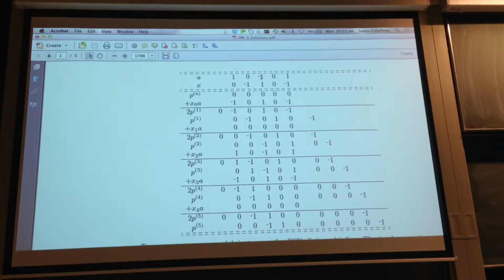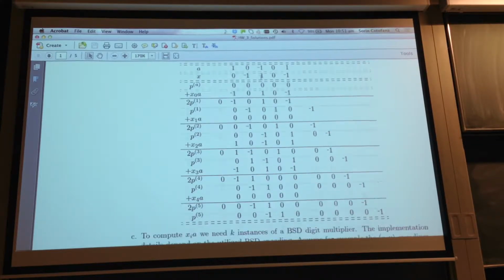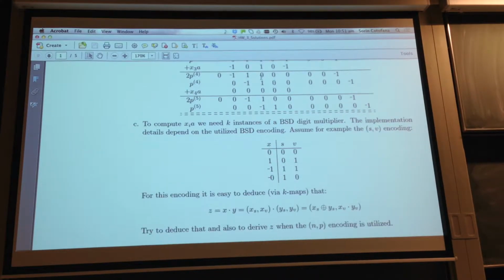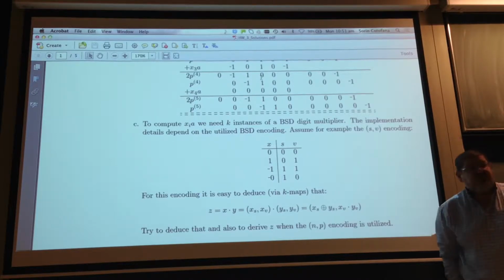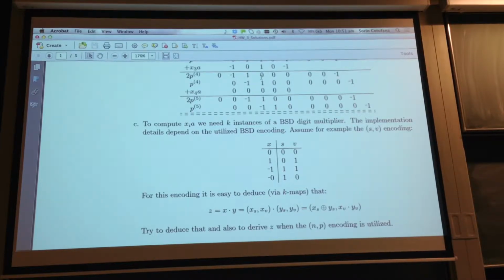Then I have two sign digits, and I'm multiplying them. This is the solution that I have: I want to do a binary sign digit multiplier, which means I have two digits and I am multiplying them. Now, the solution will very much depend on the encoding that I'm using for the sign digit.